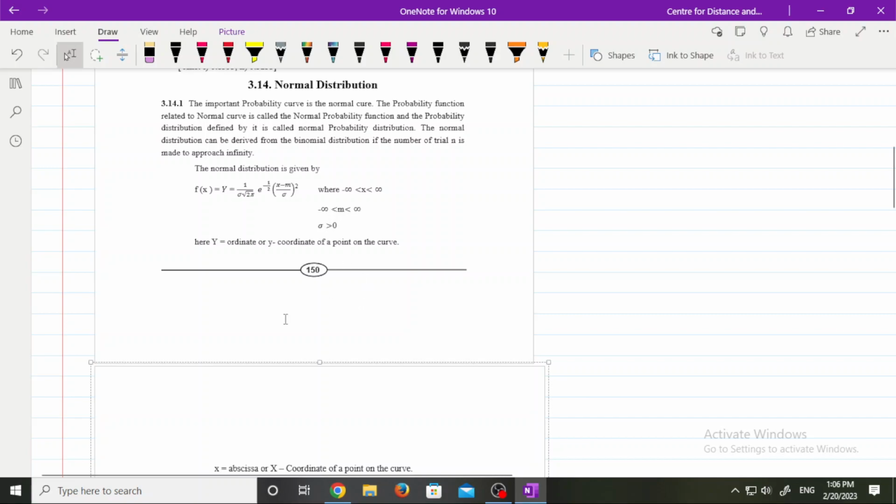Here capital Y is the y coordinate of a point on the curve.